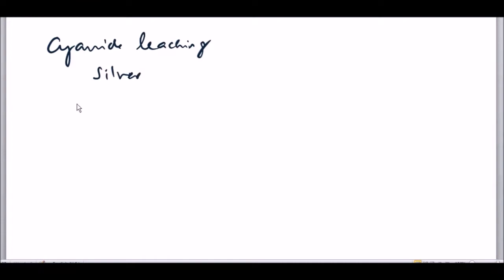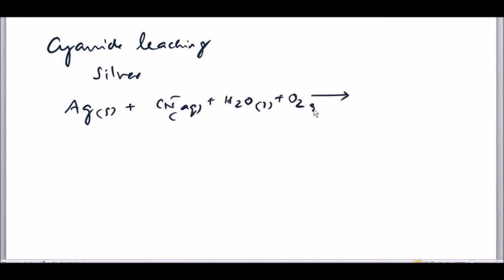So in place of gold, we can take silver, Ag, in the form of solid, that on action with the cyanide solution, aqueous, having enough water and oxygen in the form of gas, gives a cyanide complex as follows, along with OH minus.